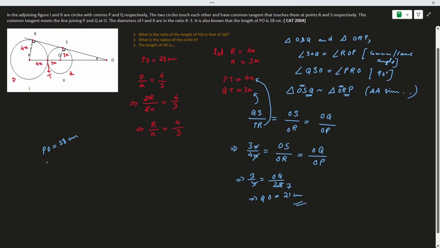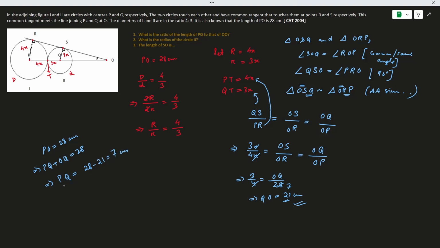Now we are given PO is 28 centimeters. What is PO? PO can be written as PQ plus OQ, which is equal to 28 centimeters. What is OQ? We have found out just now, 21. So PQ is equal to 28 minus 21, which is basically 7 centimeters.